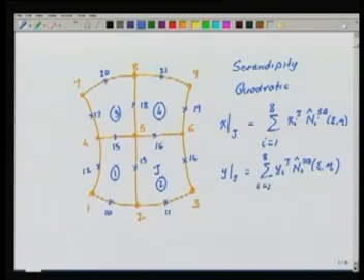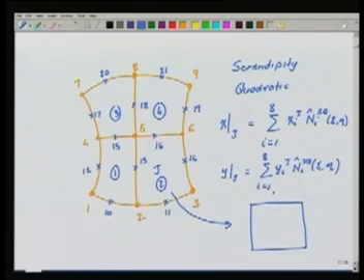Let's give a numbering pattern, and this gets mapped to the master square. How will it map? In the master square, 1, 2, 3, we'll call it 4, 5, 6, 7, 8.